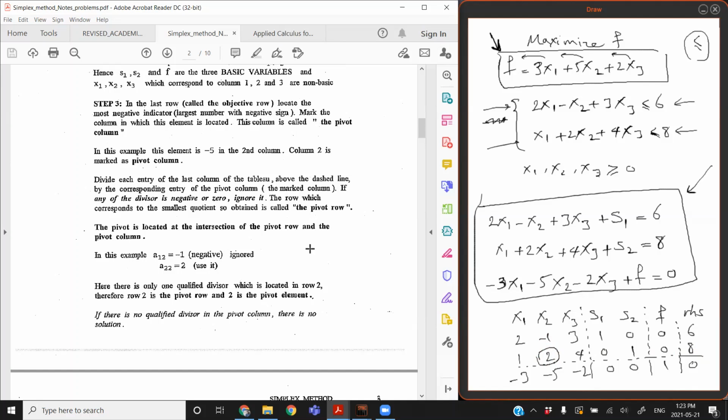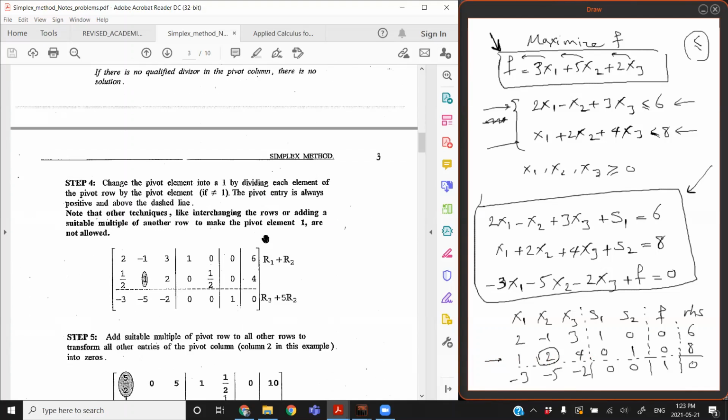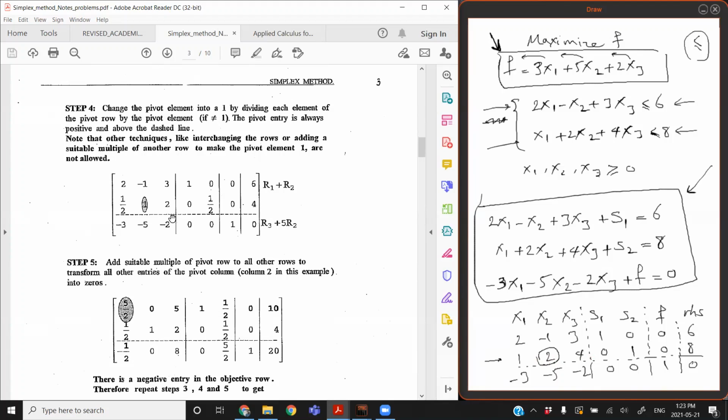So what do you do next? You're gonna divide this row by 2 to get a 1 here. So in your pivot position, you need to get a 1. So if you do that, you're going to get 1 over 2, 1, 2, and then 0 divided by 2, 0, 1 divided by 2, 1 over 2, 0, and then 8 divided by 2, 4.